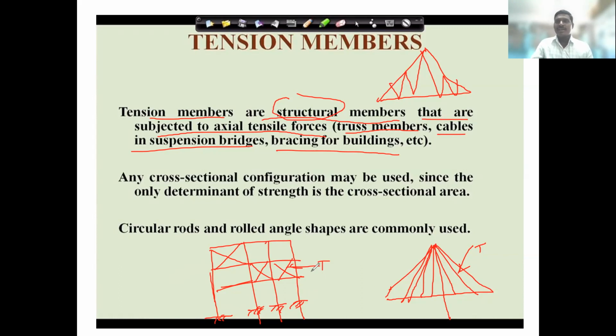I think in the first year diploma you have learned the subject of applied mechanics, or mechanics. In that you have found the forces of the member. Have you found the forces in the members of a truss? Which nature of force is in the particular member? Which types of forces act in the members of a truss?